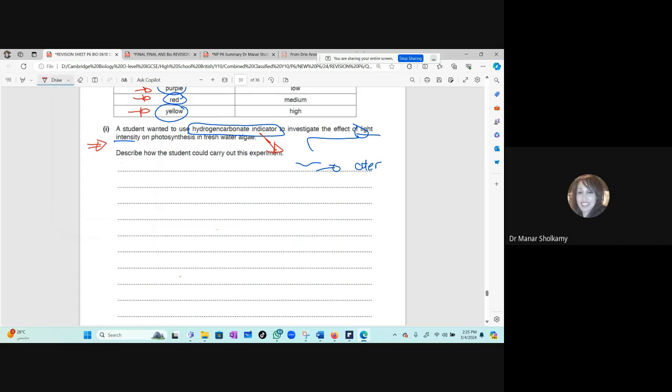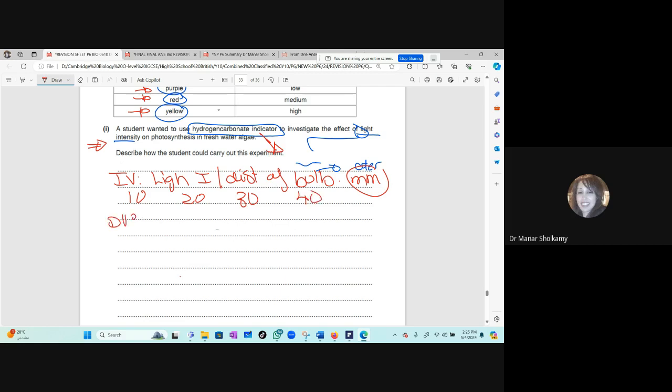So I'll do it again for the third time. The independent variable will be the light intensity, the distance of the bulb from the plant, and the distance in millimeters. Let's say, I'll give examples like 10, 20, 30, 40 millimeters, okay?